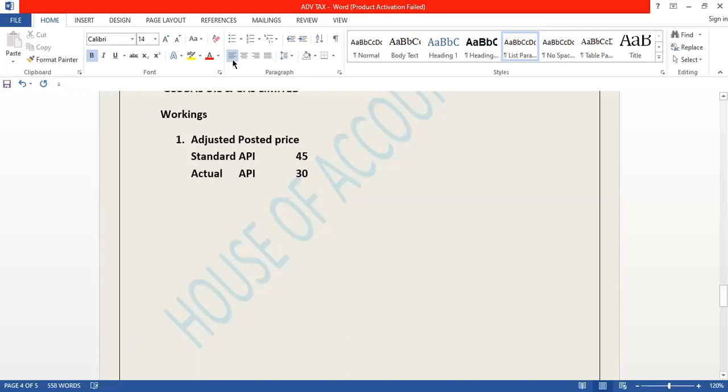If they plan to have API of 45 degrees, but the actual API they have is 30 degrees, what would be the difference? The difference will be 15 degrees.